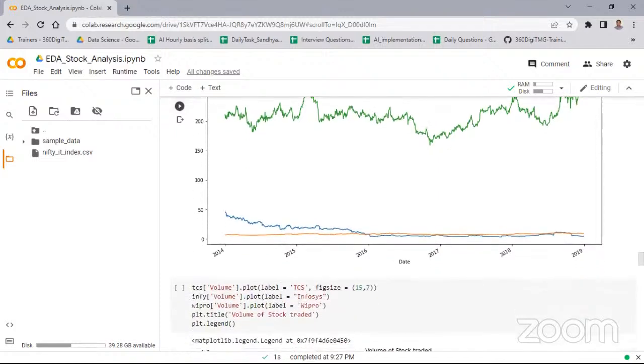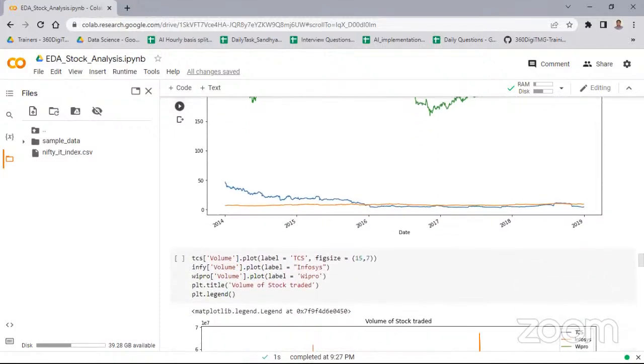The green color is Wipro and the orange color is Infosys, and TCS is having less. TCS and Infosys have the same constant; it is neither increasing nor decreasing. It is constant, whereas Wipro has more variations.